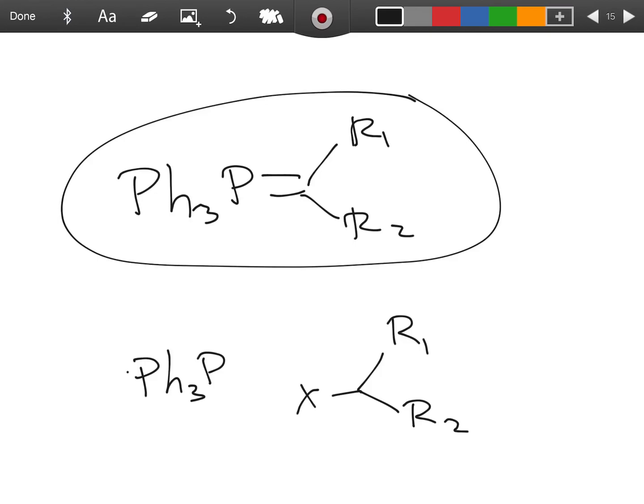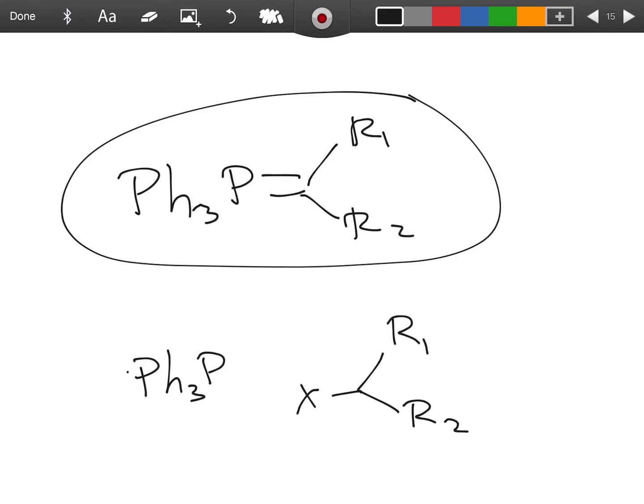And then, does everyone remember what this is? O3 and dimethyl sulfide. We were all literally there in Organic 2. We bonded over ozonolysis with a reductive workup, right?